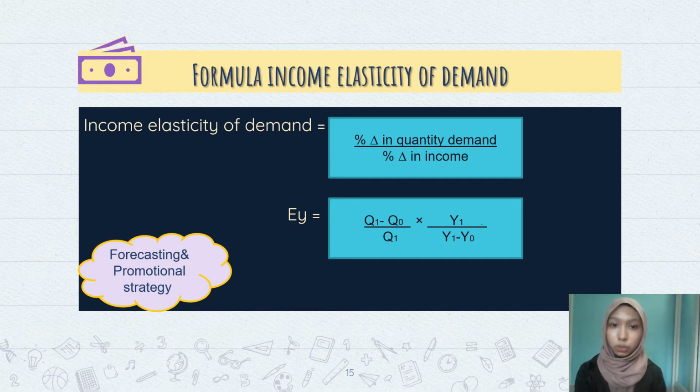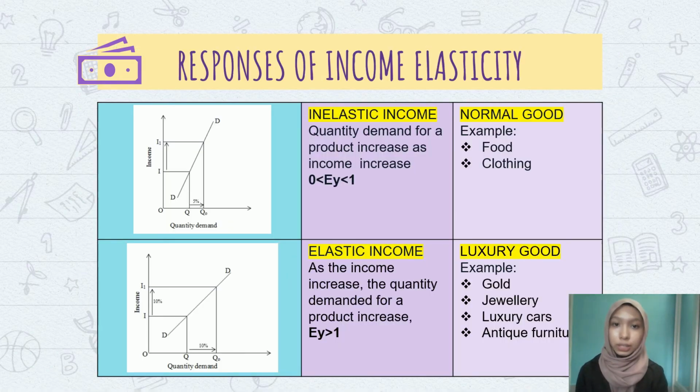The result shown will allow managers to forecast future demand and prepare supply to meet demand. Also, it can be used as our guide. Responses of income elasticity can be shown in a graph. The first one shows inelastic income, where quantity demanded for a product increases as income increases, with elasticity between 0 to 1.